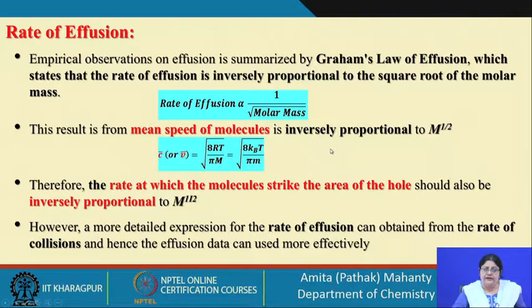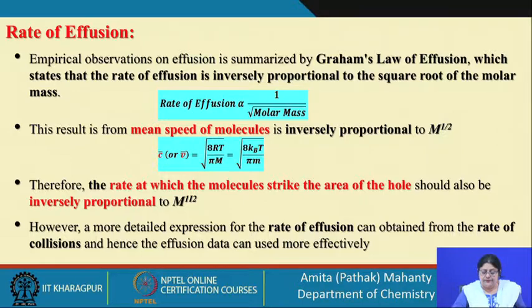The speed at which they are going to be moving is going to be related to the rate of effusion, and that speed, if you remember, is inversely related to the molar mass. So, since c is inversely proportional to the molar mass, the rate at which they are going to be escaping is also going to be related to the molar mass. Therefore, the rate at which the molecule strikes the area of a hole should be inversely proportional to the molar mass.